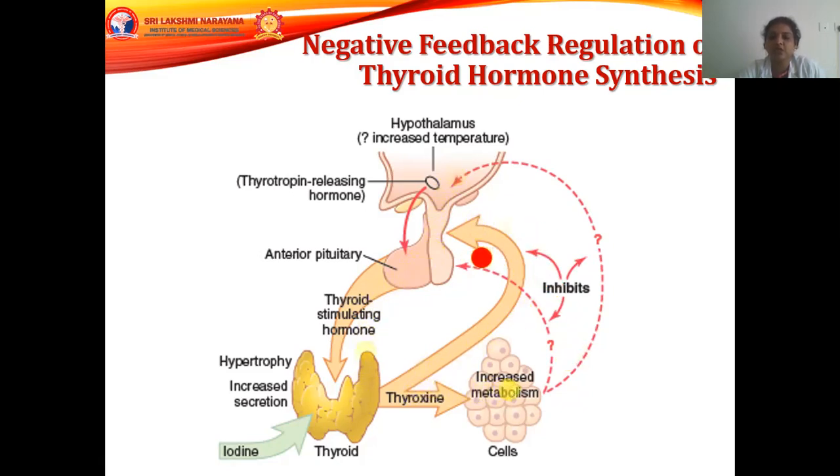So excess of thyroxine in the blood will inhibit both the anterior pituitary as well as the hypothalamus and hence it will decrease its own production. This is called the negative feedback mechanism.